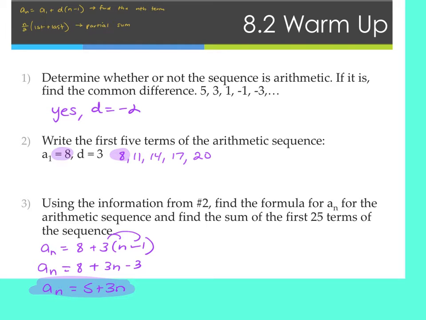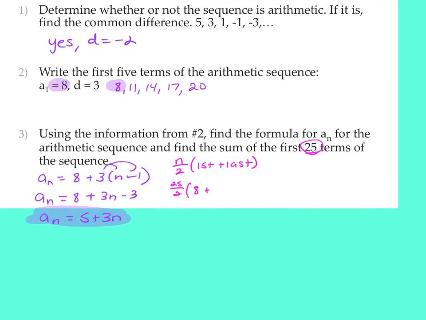And then when I want to find the sum of the first 25 terms in this sequence, this is a partial sum. So n over 2 times first plus last. The number of terms is 25, so 25 over 2. The first term is my a1, which is 8. The last term is a sub 25. So I want to find a25 by doing 5 plus 3 times 25, 5 plus 75, which is 80.